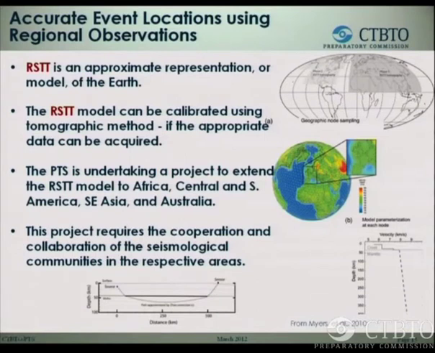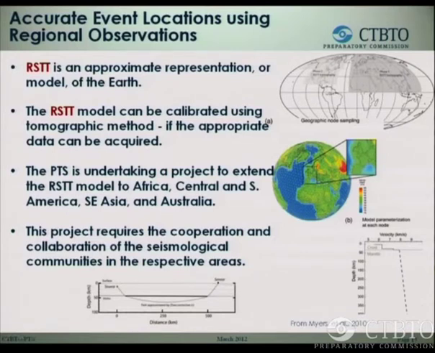So what is RSTT in brief? It's a simplified approximation to the Earth, and our testing experience has shown that this is a good approximation that works well in many cases for regional and local distances.